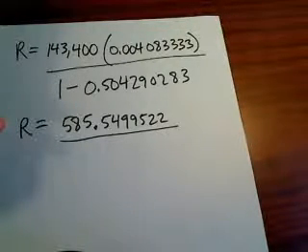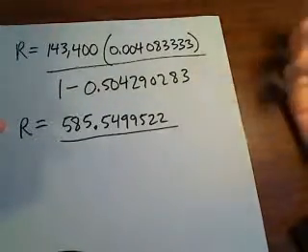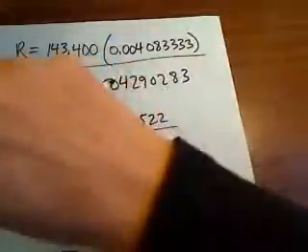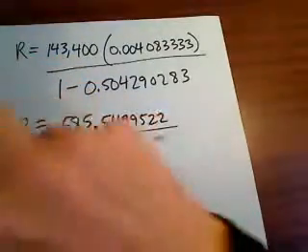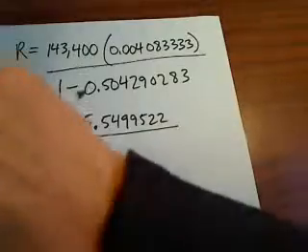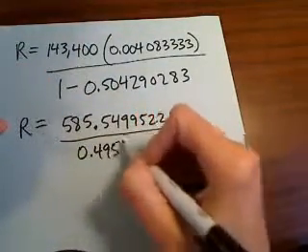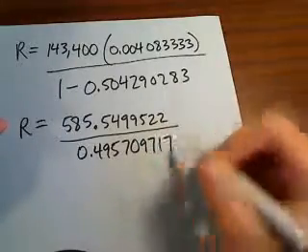When we get down to the end, we actually want to round it to cents because we're talking about money. So in the bottom here, you're going to end up getting 0.495709717.